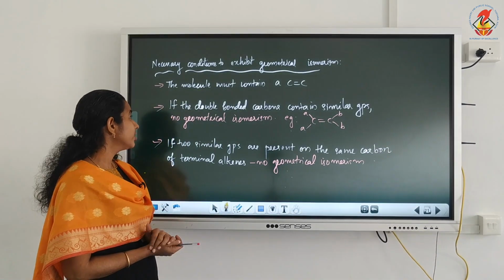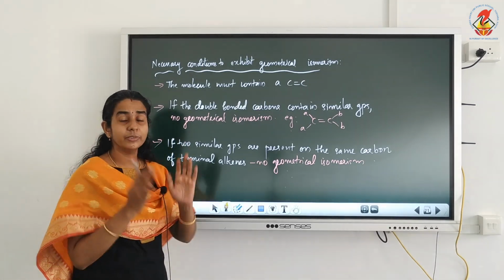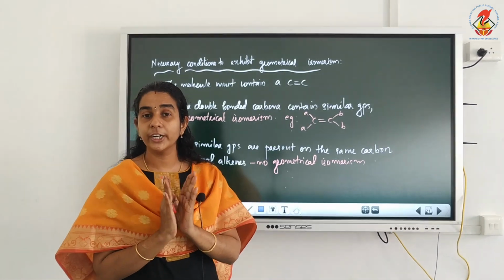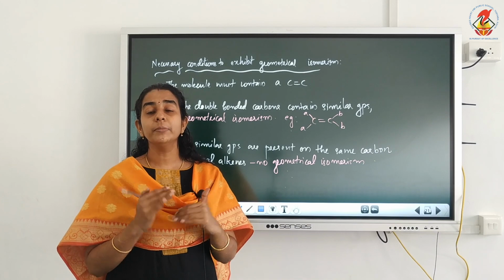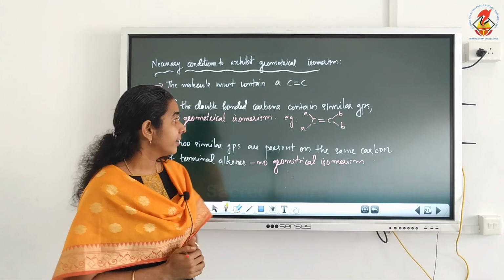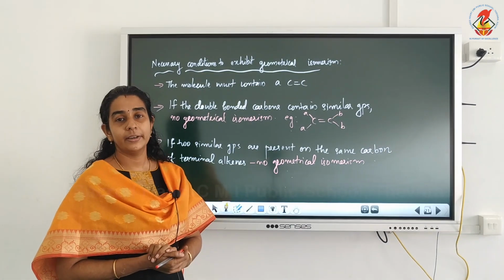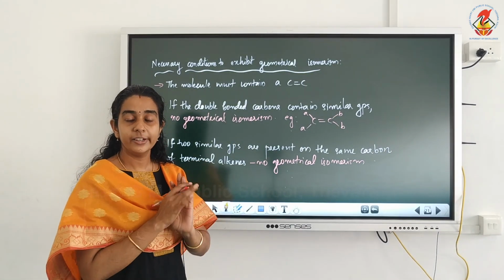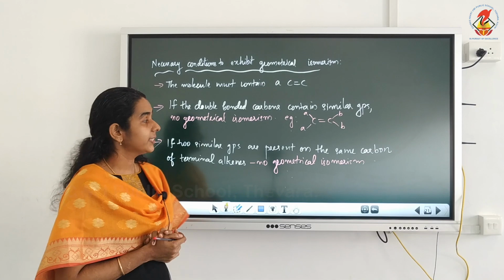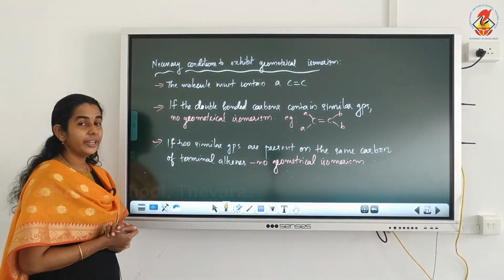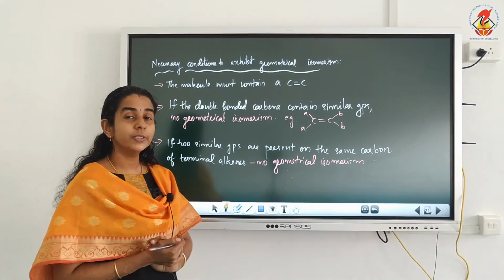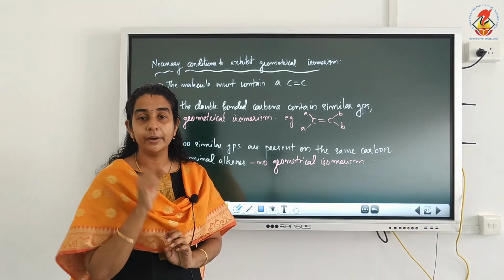The second condition is that we focus only on the double bonded carbon atoms. If the double bonded carbon atoms contain all the groups similar, then there is no geometrical isomerism. Now the last condition is if the similar groups are present on the same carbon.